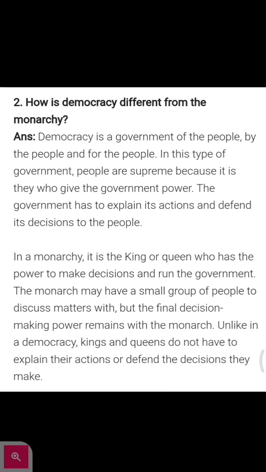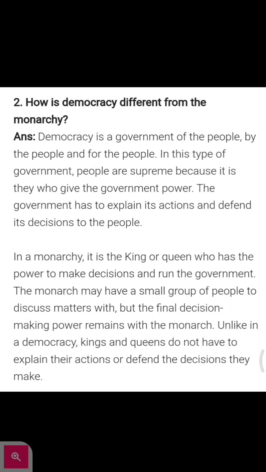Question number 2. How is democracy different from the monarchy? Answer. Democracy is a form of government by the people and for the people. In this type of government, people are supreme because it is they who give the government power. The government has to explain its actions and defend its decisions to the people.